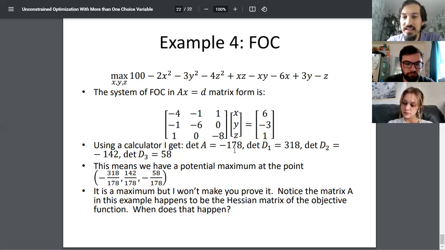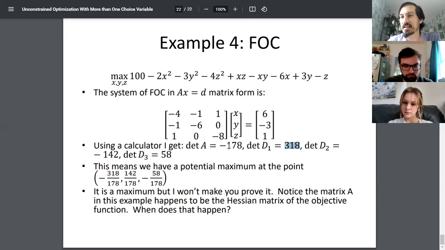But you realize that's 89 times 2. So it turns out that because all of these numerators were divisible by 2, that's why we saw 89 in the denominator. It was simplified. So I was wrong. The determinant of the Hessian matrix, or A, was not negative 89. It was negative 178. But we have potential maxima at this point.